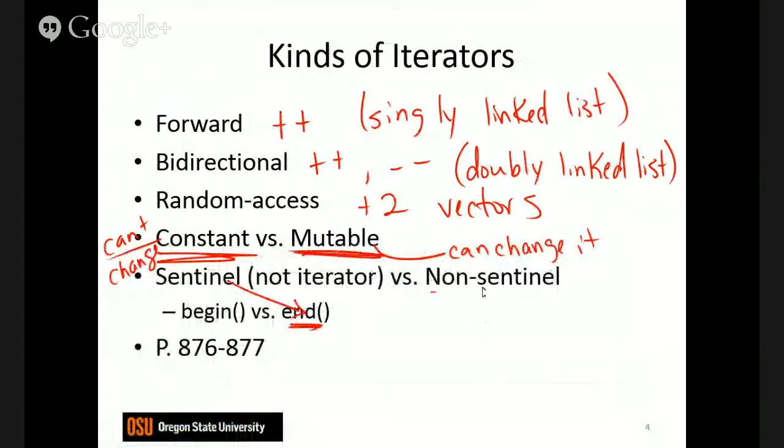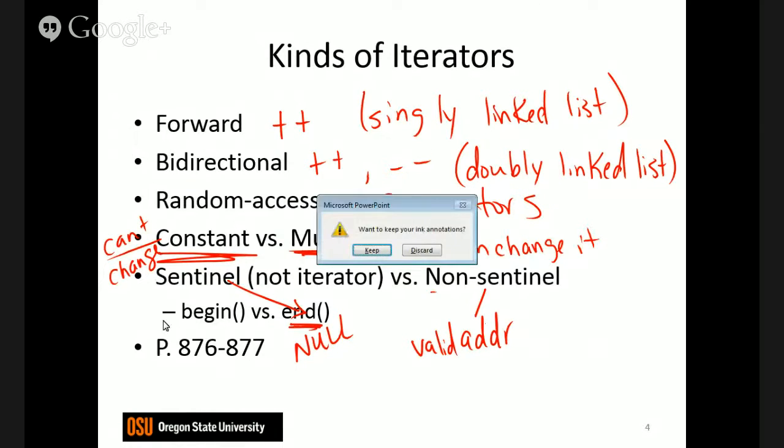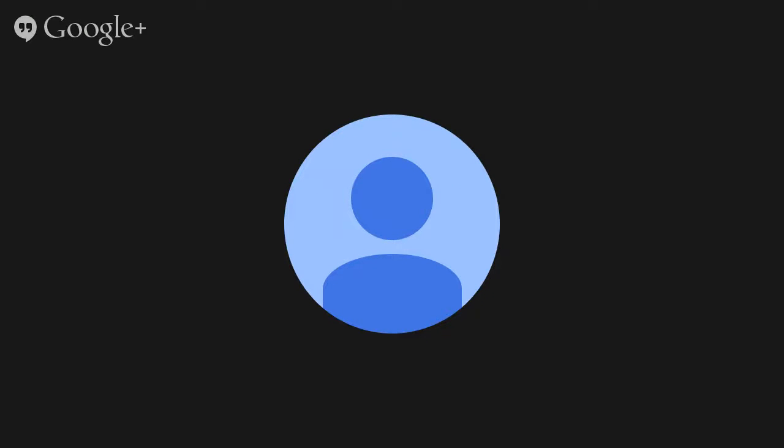Indeed, what do you think is the sentinel value that end is going to give you that can't be a valid address? No, good job. Perfect. All right, so let's take a visit. And that's all we're doing on this, and then we're headed off into our land of linked lists.